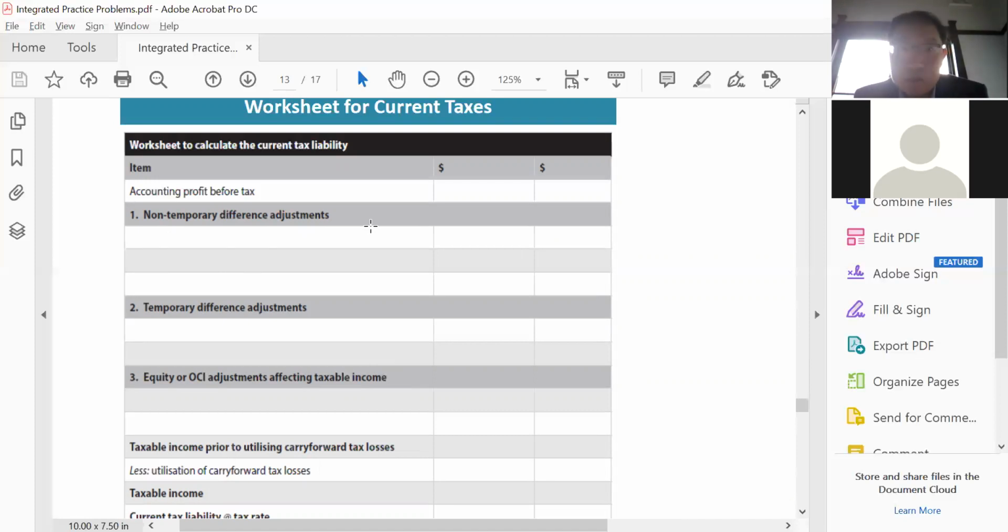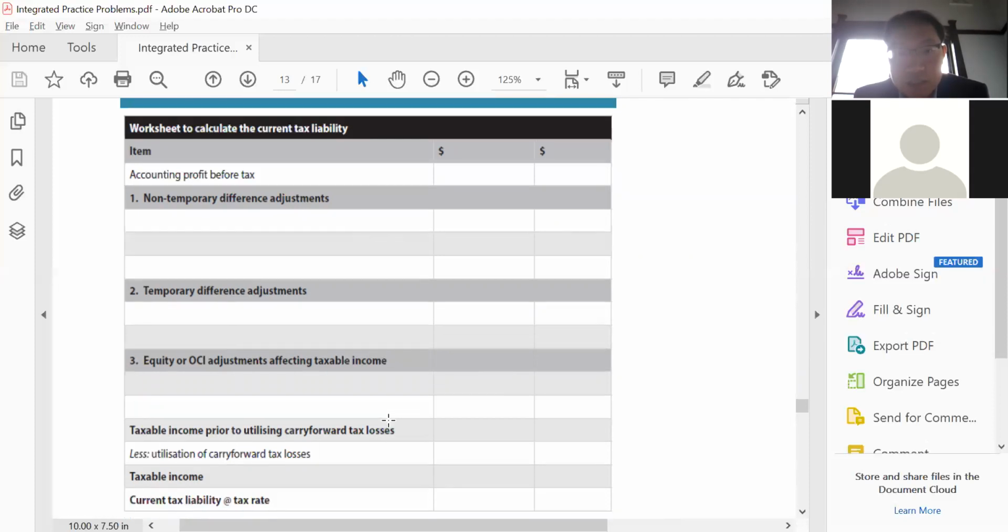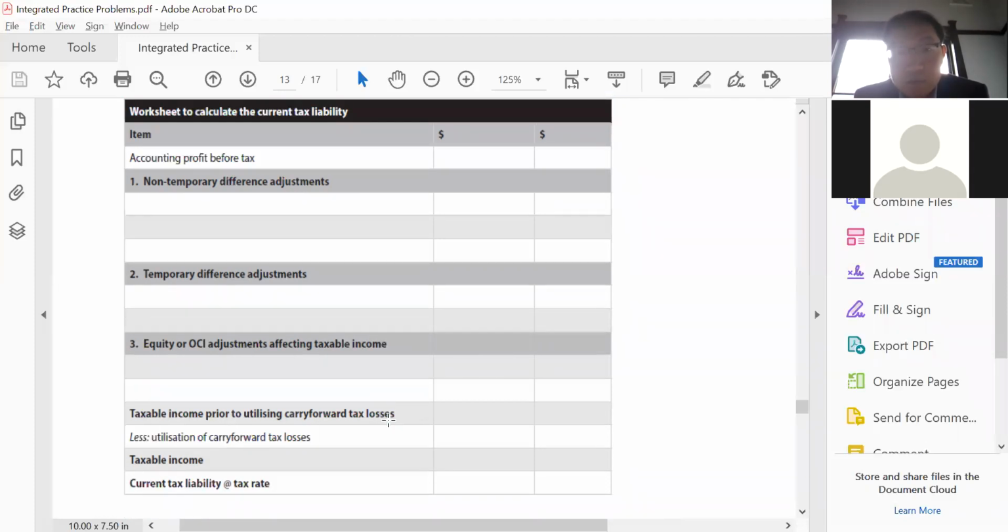The second component is you then make adjustments for temporary differences. And then finally, number three, you think about any transaction that has been in equity or OCI. If applicable, we also need to consider this idea of utilizing carry forward tax losses.